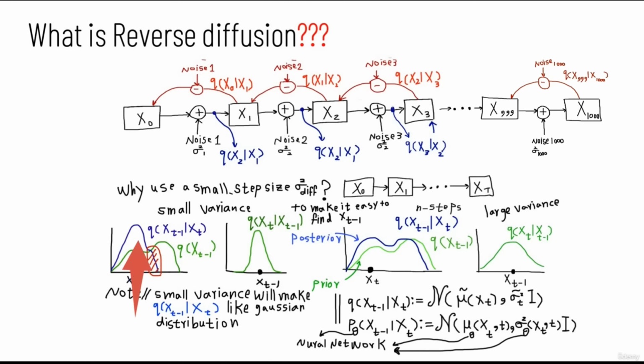And as you can see here, the shape of this target distribution or this posterior distribution is very similar to the shape of a Gaussian distribution. In other words, when we decrease the variance of the Gaussian noise that we add at any time step, we are trying to make the target distribution similar to a Gaussian distribution.